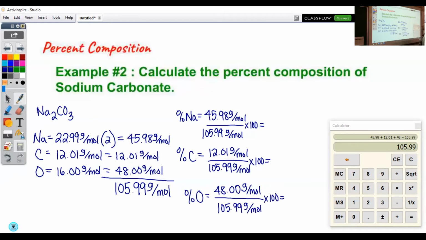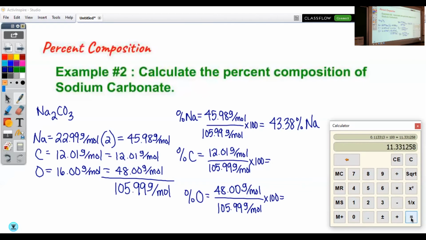times 100. So for the first one, 45.98 divided by 105.99 times 100. And I get 43.38% sodium. 12.01 divided by 105.99 times 100.